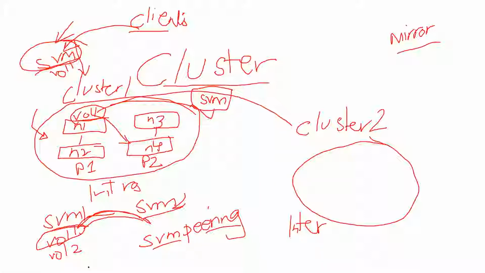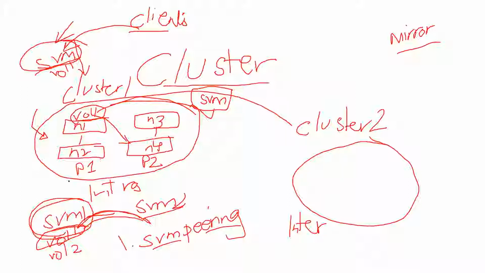Or if you have 3 volumes, you can choose 1, 2, or just for your knowledge, we can even mirror an entire SVM to the other SVM. Now this can be within the cluster, or this can be across a cluster. Guys, remember, when you are doing it within a cluster, you just have to do something called SVM peering because it's within the cluster.